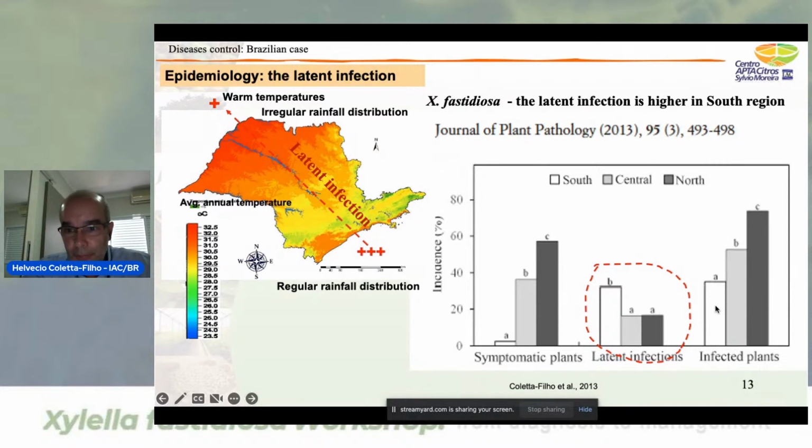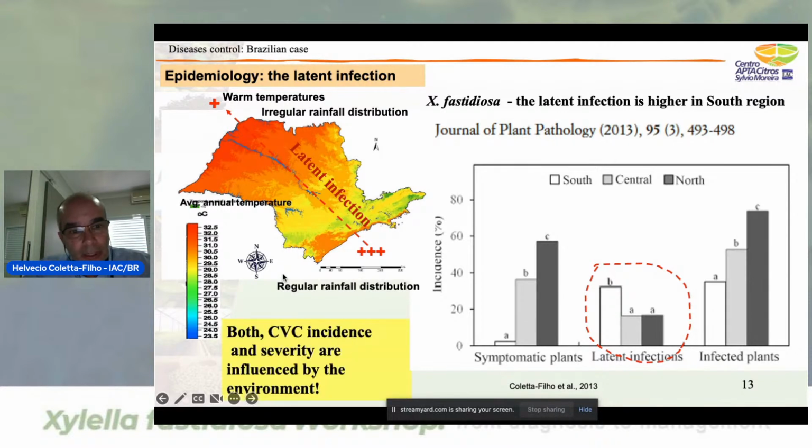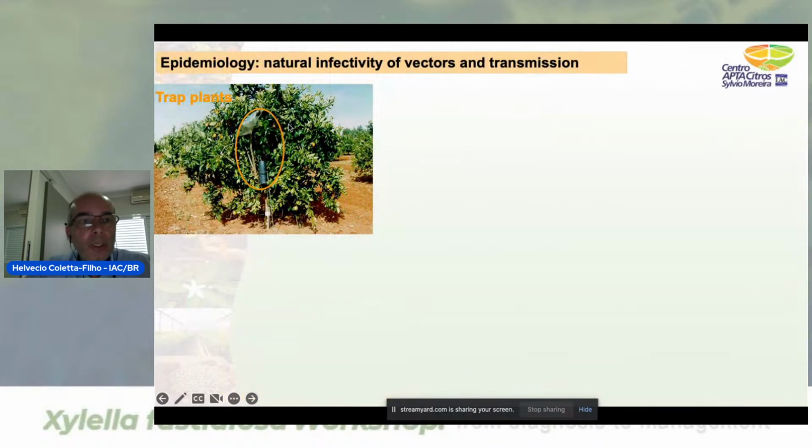The number of symptomatic plants is low in the south of São Paulo state, but the latent infection is higher in the south, so there is great evidence that CVC incidence and severity was influenced by the environment. That's why we are talking about two different environments, north and south of São Paulo state.